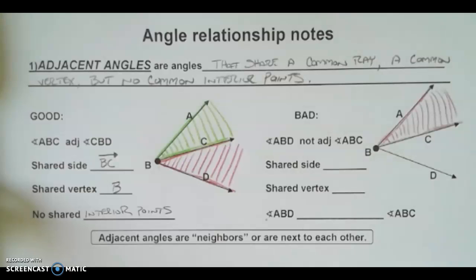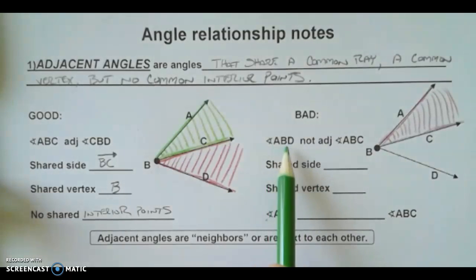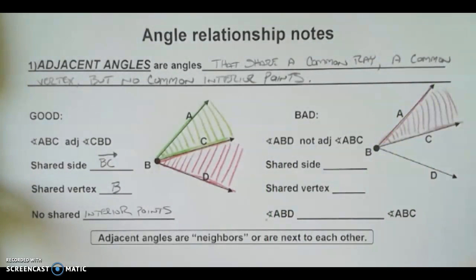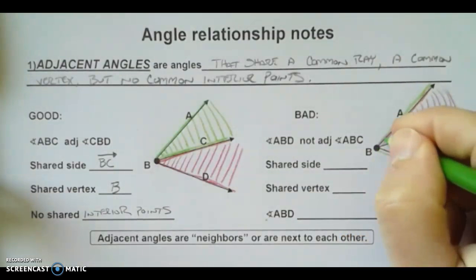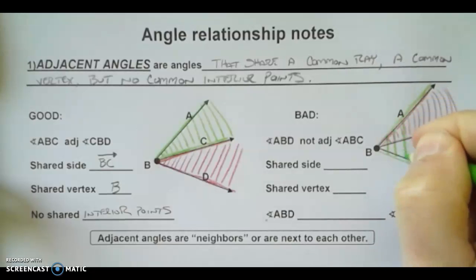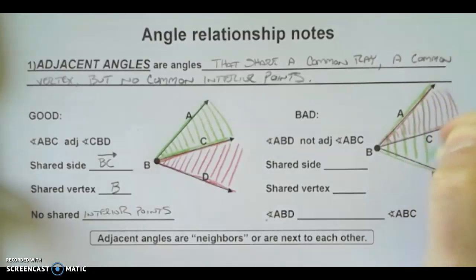Now I'm going to do the same thing with angle ABD. So I'm going to trace it in green. ABD is this angle right here. And I'm going to shade the interior. All of that is the interior of angle ABD.